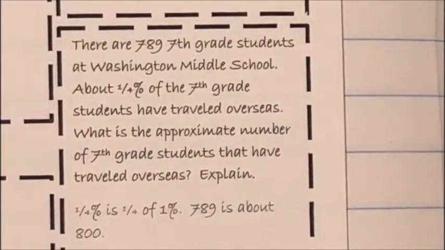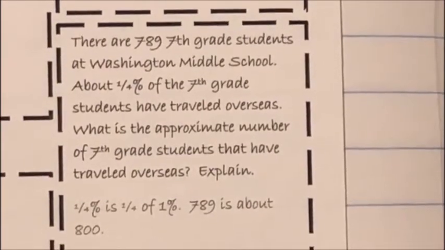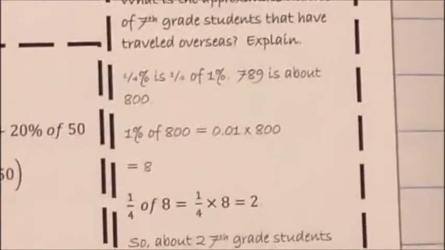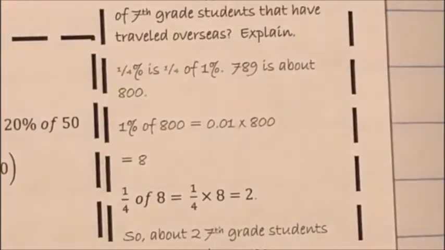So 789 is about 800. The first thing I want to do is take 1% of 800. Well, 1% is 0.01, and I multiply that times 800. So 0.01 times 800 equals 8.